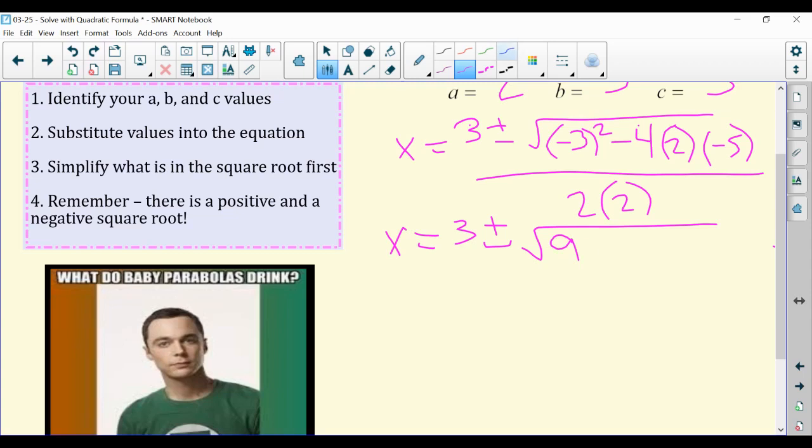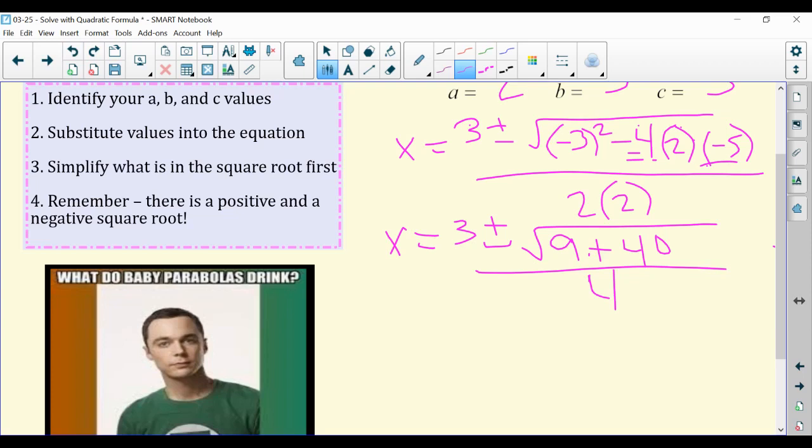Now remember, I want to look at this as negative 4 times negative 5, which is a positive 20, and then times 2, so 20 times 2 is a positive 40. So I'm going to do plus 40, or you can plug all that into your calculator and let your calculator do the work. All over 2a, so 2 times 2 is just 4.